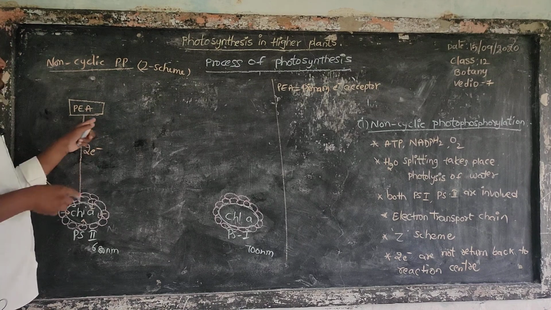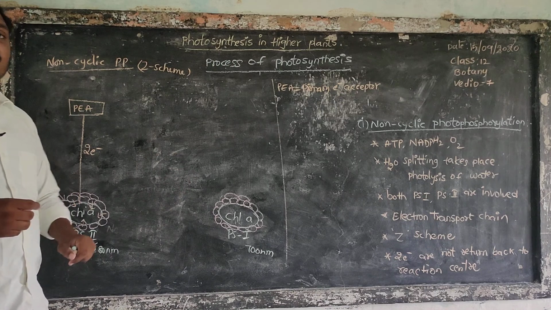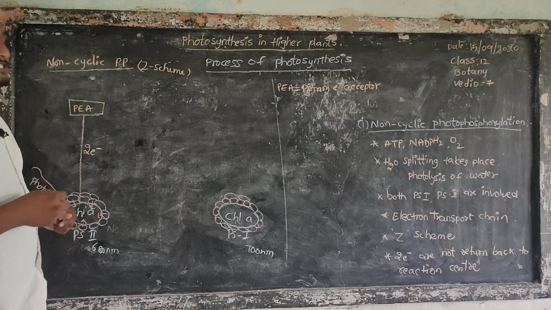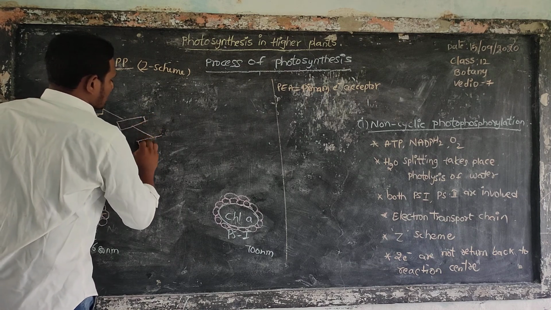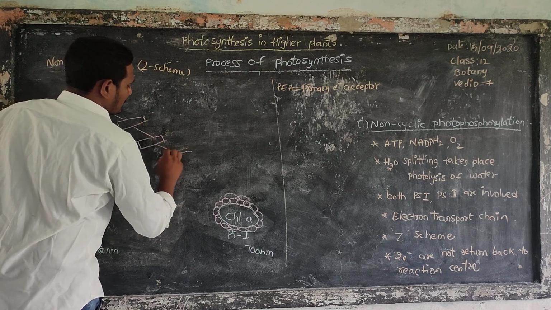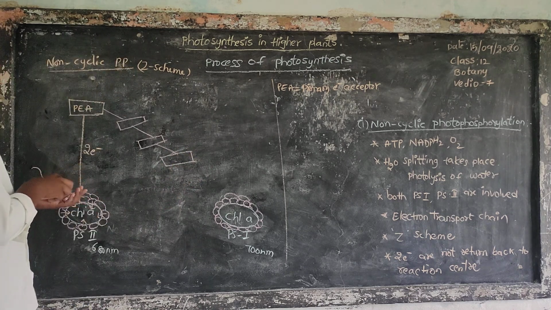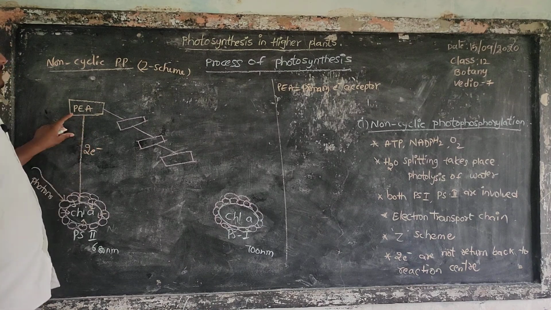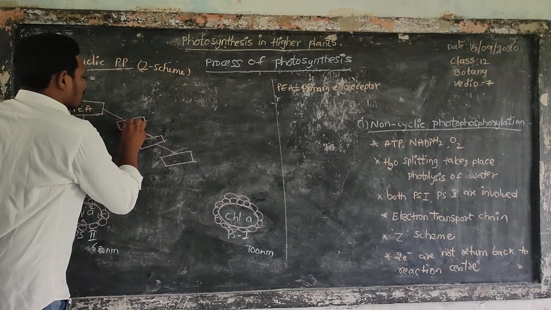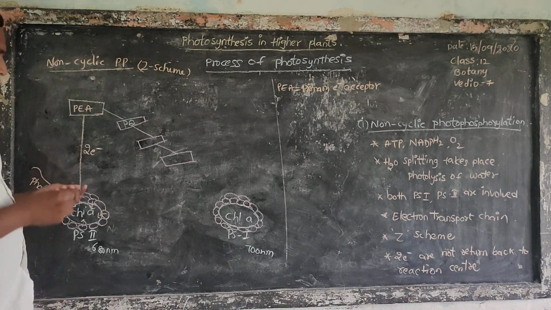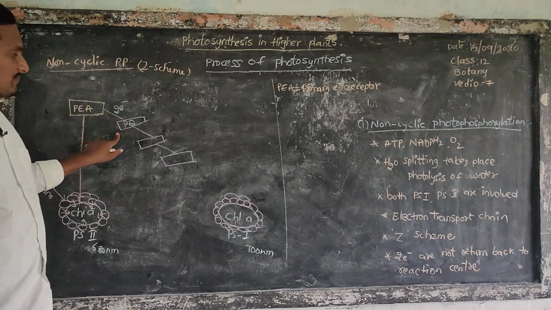So it takes 2 electrons. It sends these 2 electrons to 3 types of electron transporters: electron transporter 1, 2 and 3. First, the primary electron acceptor sends these electrons to plastoquinone.